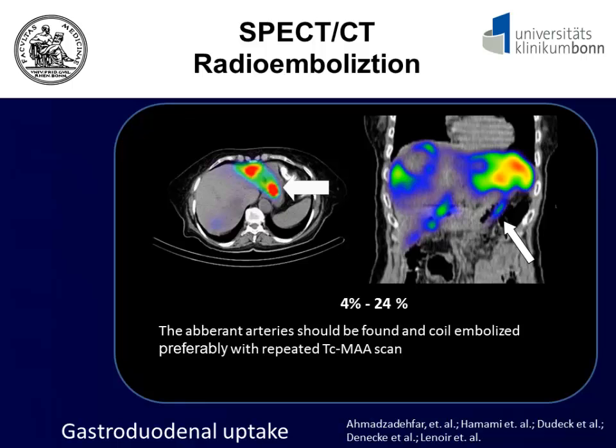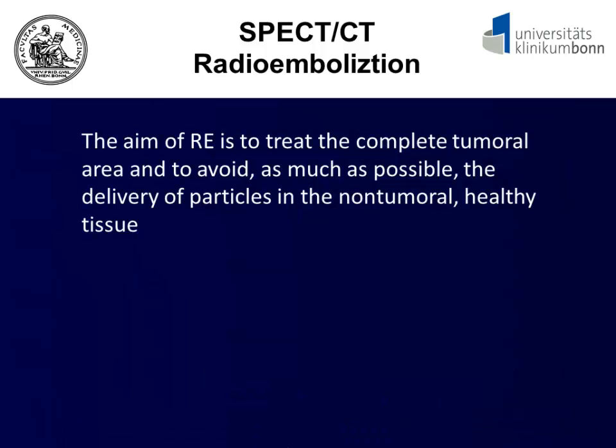You have to coil embolize the vessels which go to these regions. For example, here in 24% of the cases we can find an extrahepatic accumulation in the gastroduodenal region. Prior to the treatment, you have to find these vessels, coil embolize them, and do a repeat MAA to prove the success of the coil embolization.